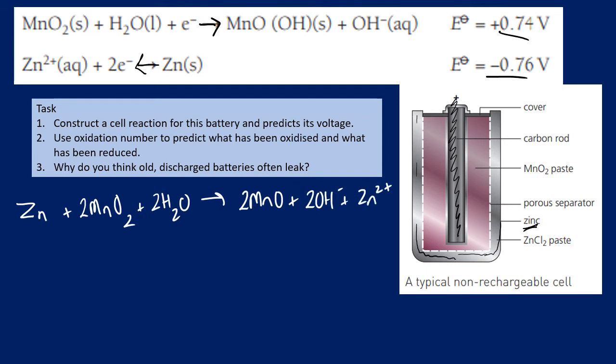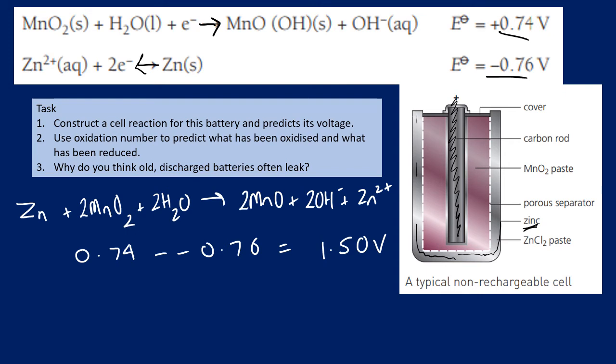Can I cancel it, simplify it? No, I can't, so it's a final answer. And to predict the voltage, it's 0.74 minus minus 0.76. So this is a 1.5 volt battery.